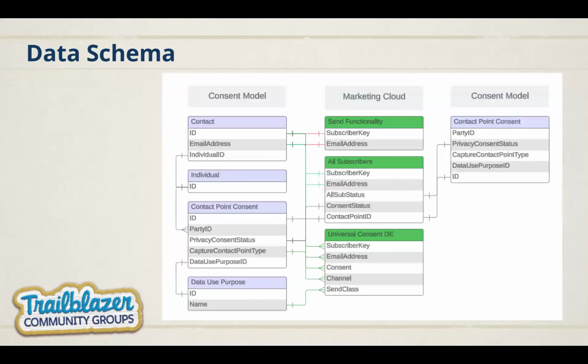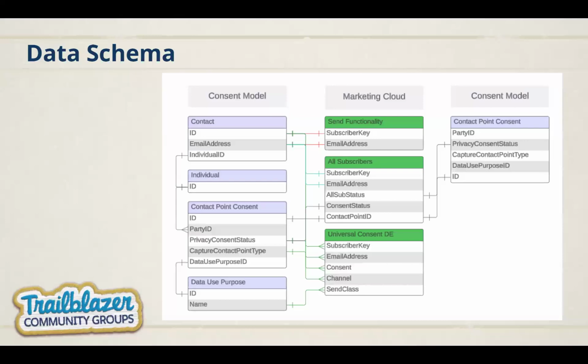And I just want to quickly go over the different data points you might need to handle this. Again, this is using the consent model, where you'll be seeing the query a little bit later. We have to use the individual object to connect to the contact. Then the contact point consent or type is where that consent status is being pulled from, and we're going to want to compare that consent status with the all subscribers status.